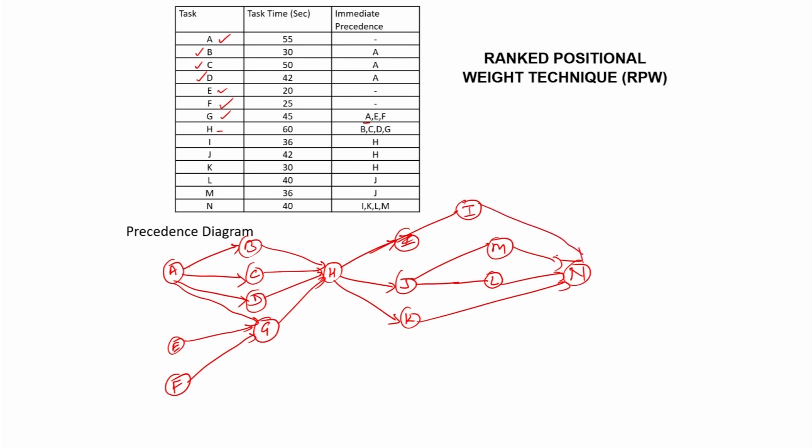You may require 1 or 2 iterations to nicely draw this diagram. So, this is my precedence diagram. On this I can also write the timings.